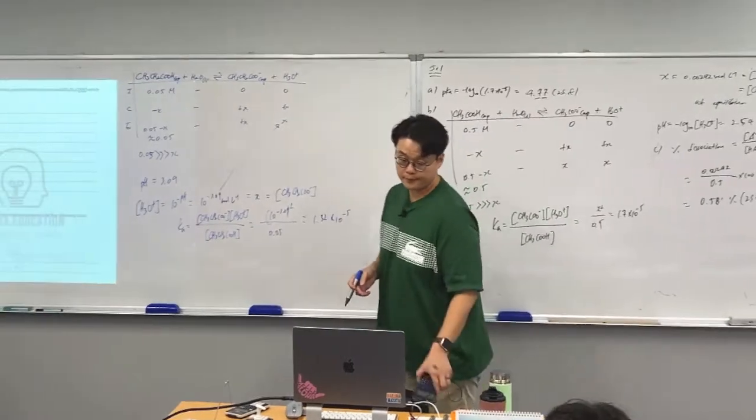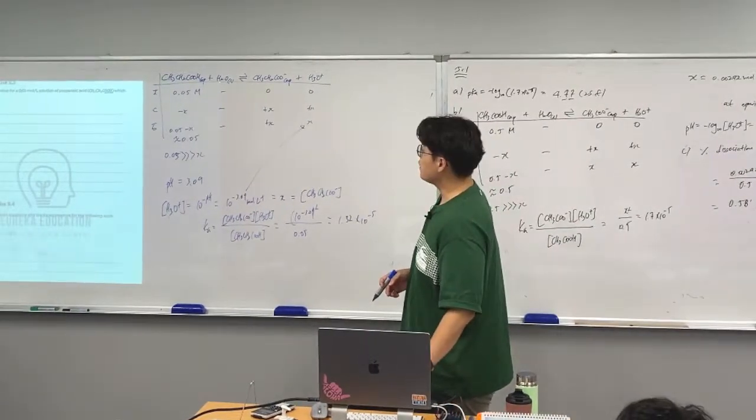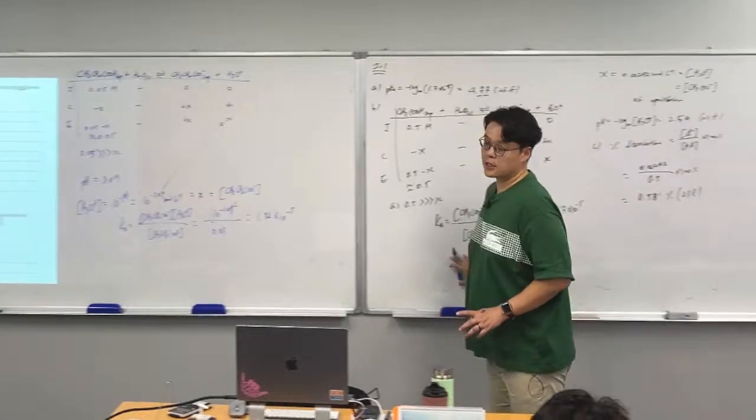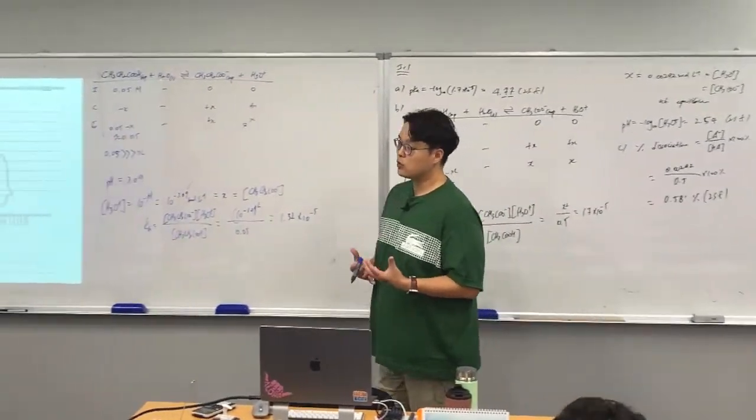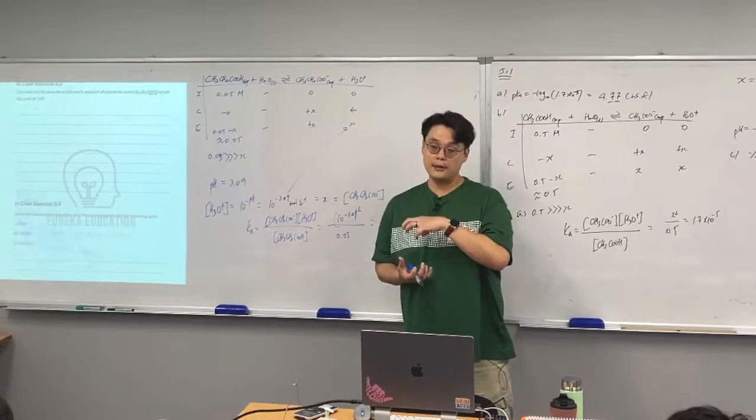Okay, got it? That's how you can think about this question. It's kind of going backwards from the ICE table from the previous question too. So remember that pH is always referring to the amount of the hydronium ion in that equilibrium state.